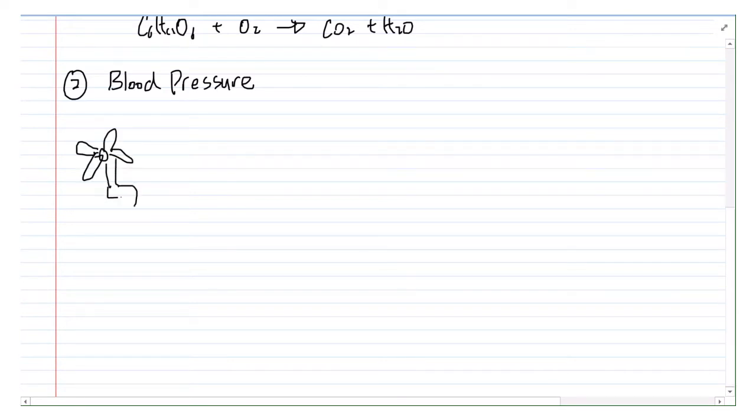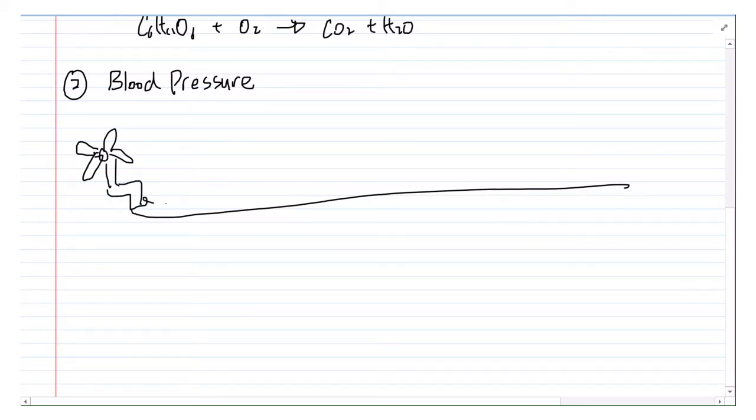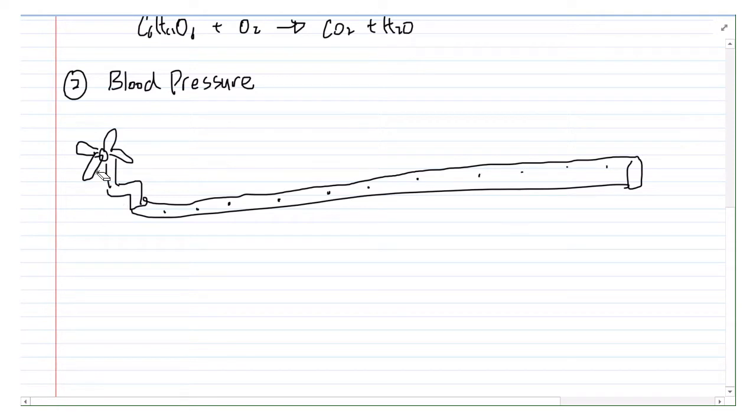a water tap. Here's my water tap, and then I'm going to hook up a hose to the water tap. Before I turn it on, I'm going to poke some holes in the hose here, and then I'm going to turn on the water tap to the maximum.